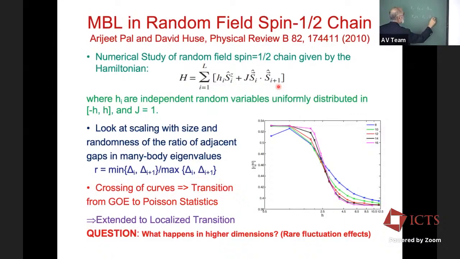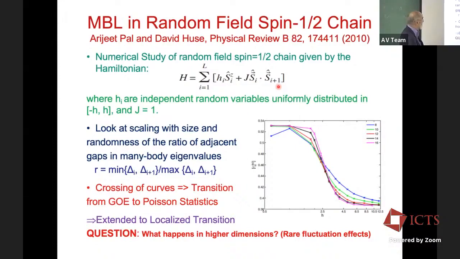So those are the two splittings. And then you take the ratio of the minimum of those two over the maximum of those two. And it turns out that this number is different for Poisson distribution and for Gaussian orthogonal ensemble. It goes from somewhere around 0.53 for a Gaussian orthogonal ensemble to about 0.39 for Poisson.